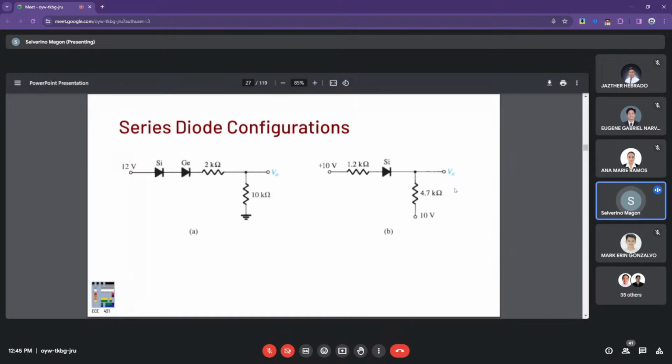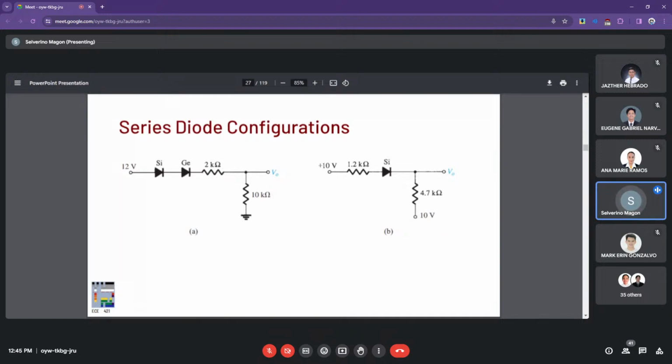And then for the next configuration, we have another supply of positive volts and negative volts here. So again, you just add these two together. No? So you have 10 volts, or a total of 20 volts.